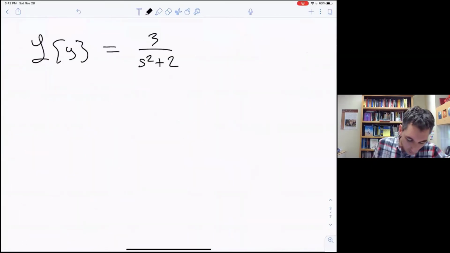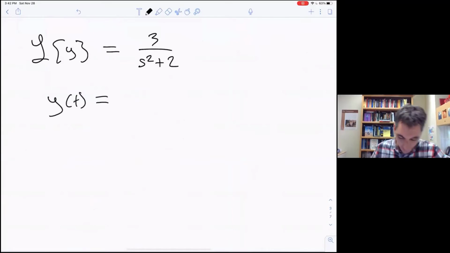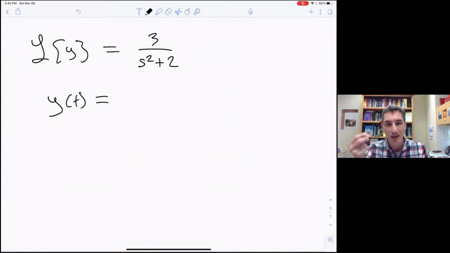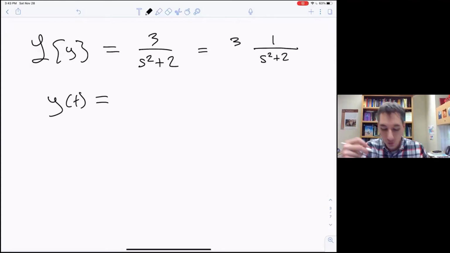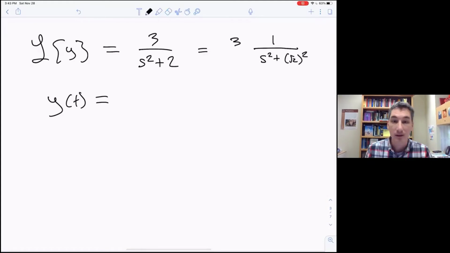And so then all we have to do to solve it is inverse Laplace transform that. And that's going to be what? It looks to me like a sine function, but it's not quite set up right. So let's see if we can rewrite this as 3, and then I would have 1 over s squared plus 2, but that's not quite right because 2 is not a perfect square. Well, it is. It's really root 2 squared. And so then I need root 2 in the numerator so that it matches, but I'll have to divide by root 2.